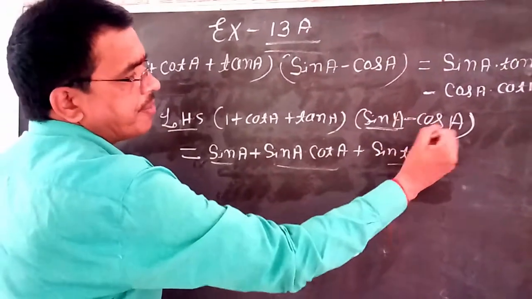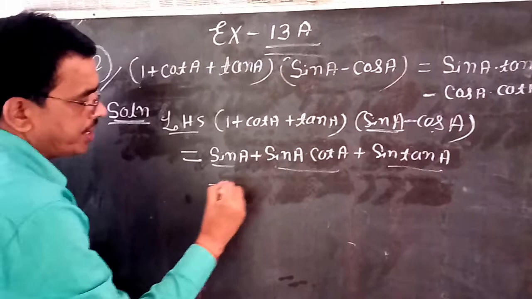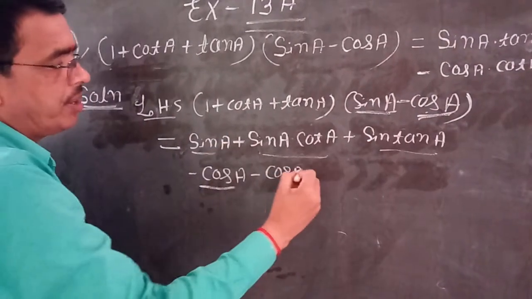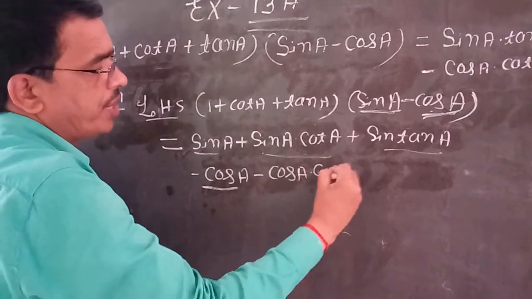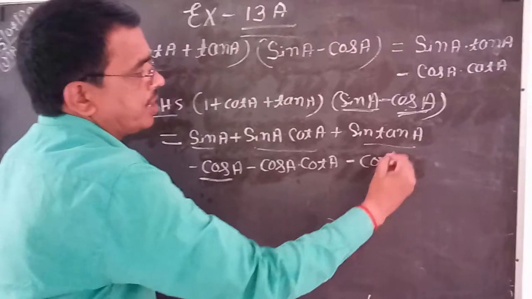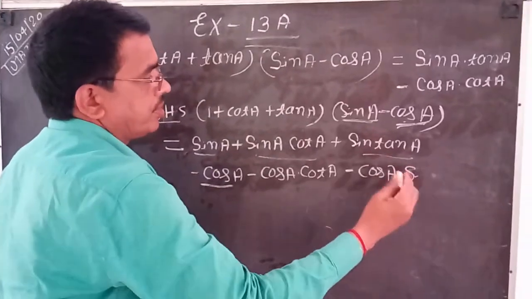Now multiply by minus cos. What do you get here? You get minus cos A, and minus cos A into cot A, and minus cos A into tan A.